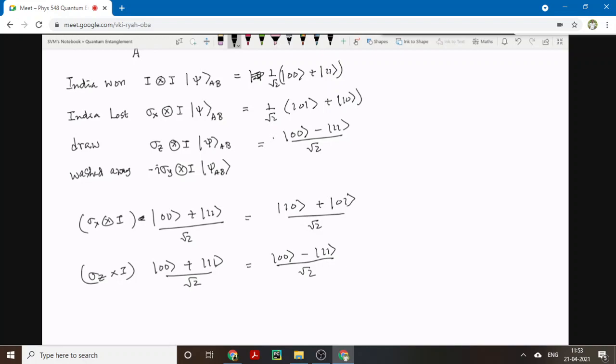And you can notice that the last one will become (01 minus 10) by root 2. Now if you look at these, these are called Bell states. In general we call these phi plus, psi plus, phi minus, and psi minus. So these are called Bell states.